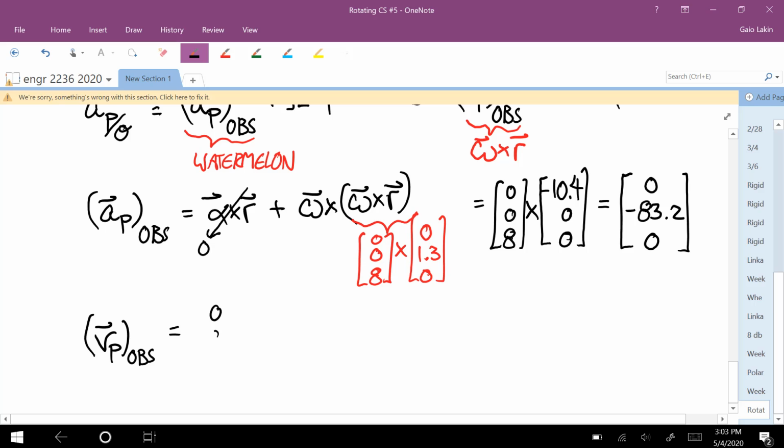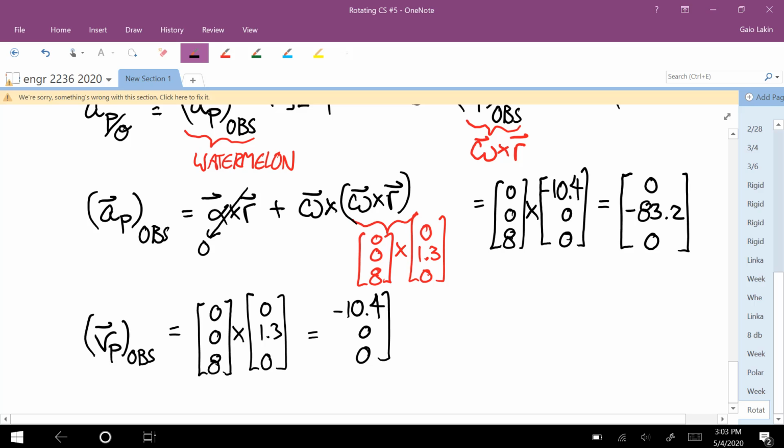That's just 0.008 crossed with the r vector. And so that is (-10.4, 0, 0).